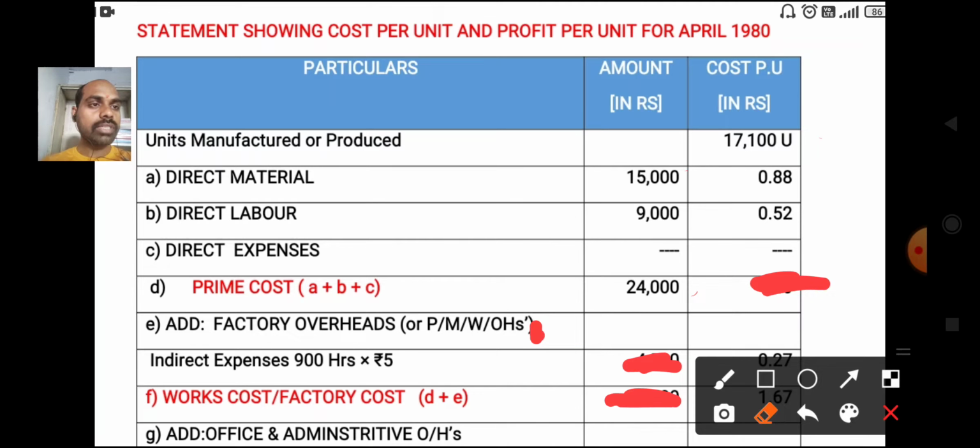This 24,000 divided by the number of units, that is 17,100 units, you will get the cost per unit, that is 1.40. This is the prime cost till here. Hope you have understood till prime cost. Let us see further now.